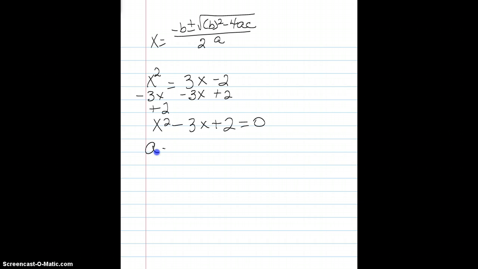Now my a is 1, my b is negative 3, and my c is 2. Plugging that into the quadratic formula, x will be equal to the opposite of negative 3 plus or minus the square root of negative 3 squared minus 4 times 1 times 2 all over 2 times 1.